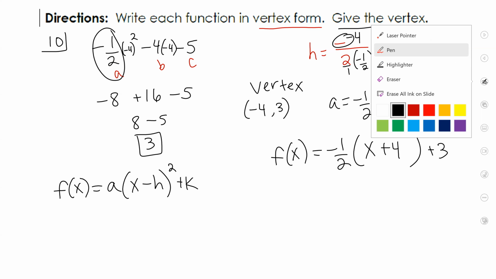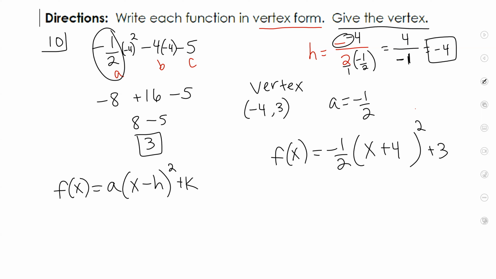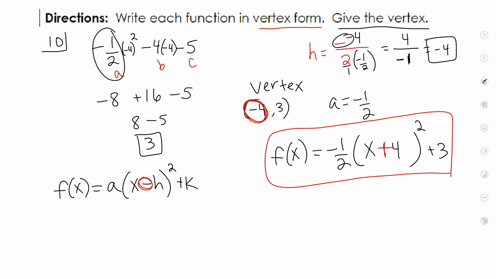The reason why it's a plus 4 is because we have a minus already and we plug in a negative 4. Two negatives will make this positive. So that is your answer in vertex form. We went from standard form to vertex form. Okay? All right. So that's that section.